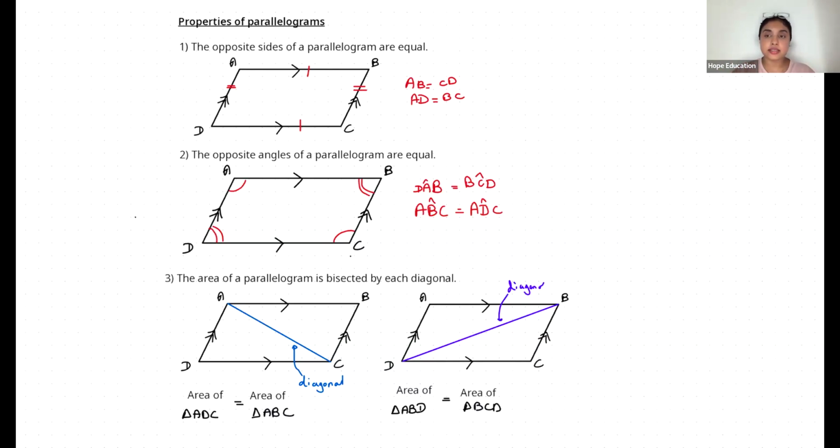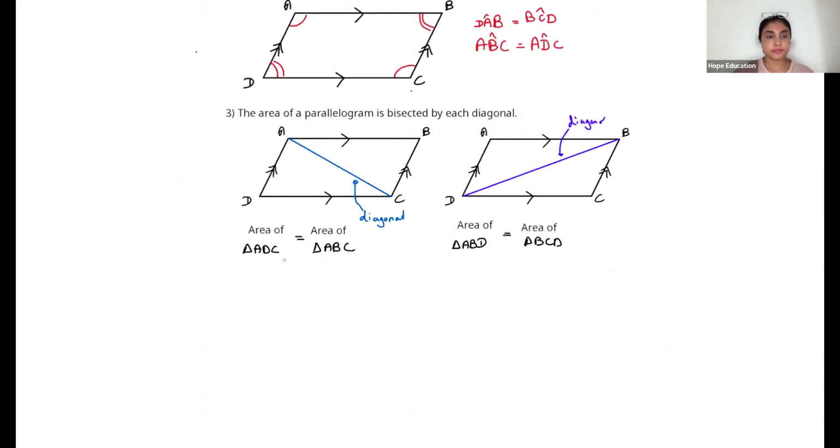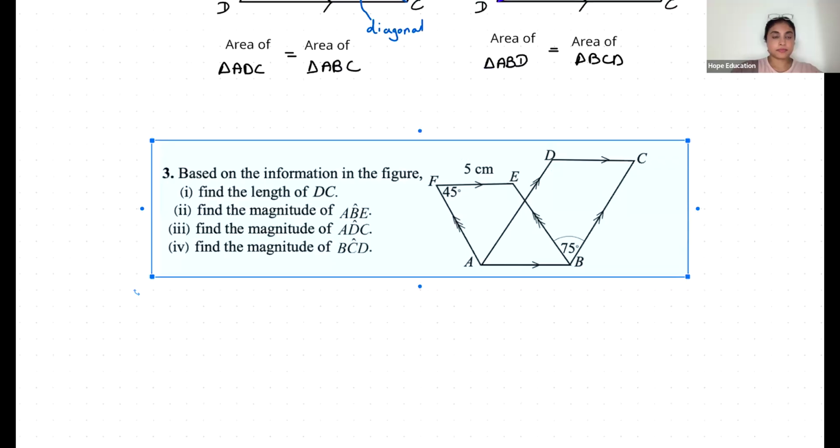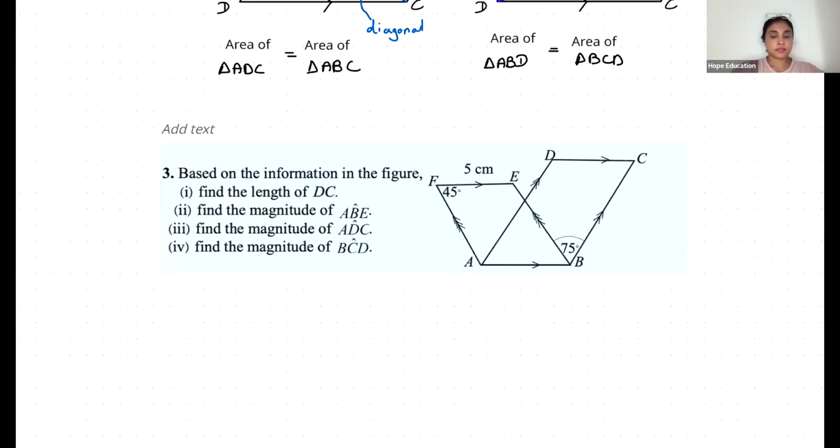Can you all go to exercise 16.1? Let's try the third question together.